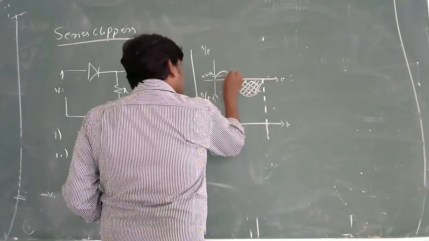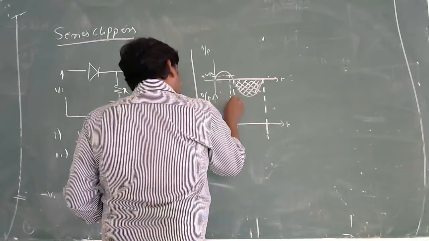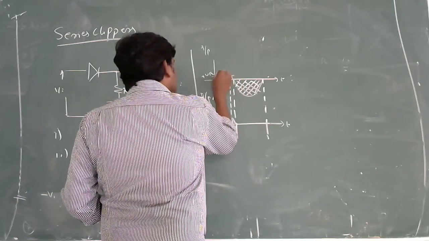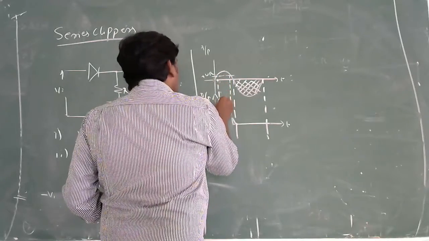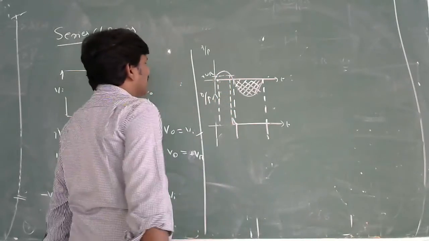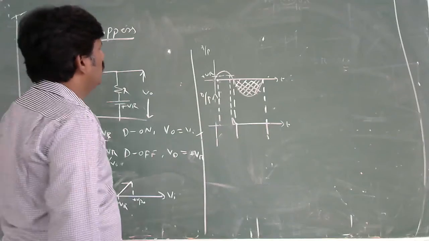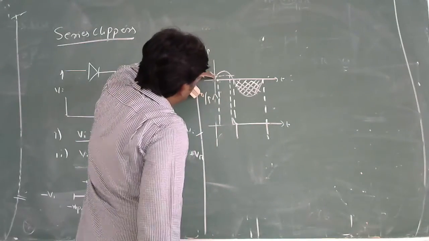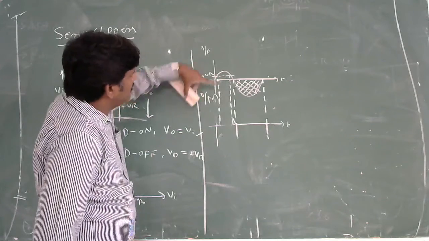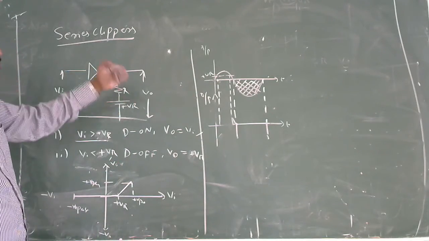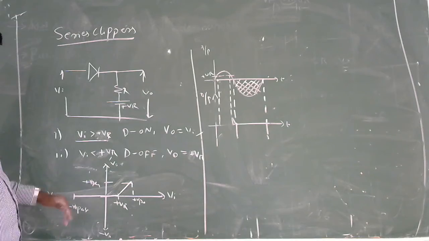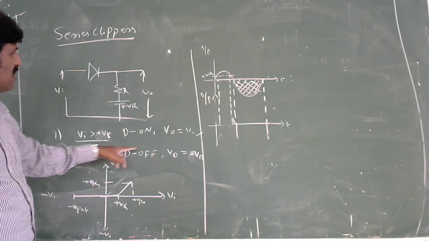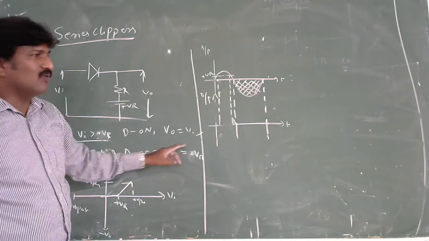Here you take the correspondence of this positive VR reference point, because it is the important point that triggers the conduction of your diode. So you observe from this point to this point. Input is less than VR. It means that when input is less than VR, output follows the VR only.